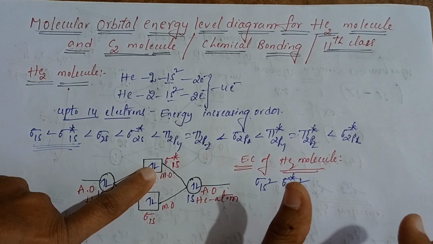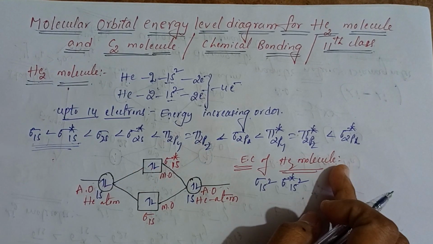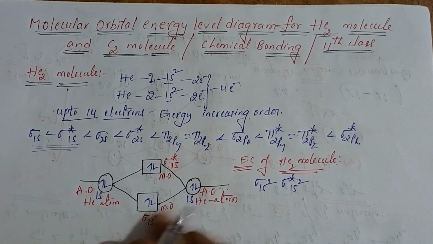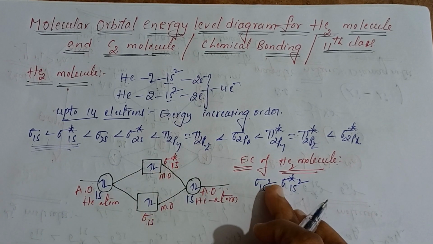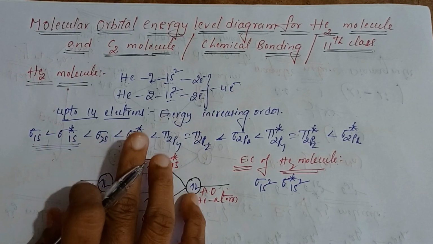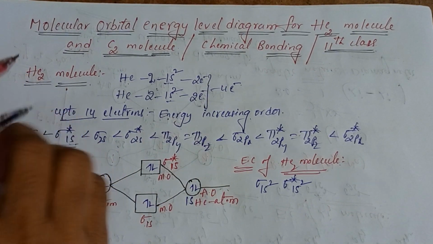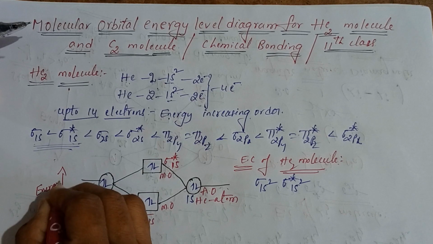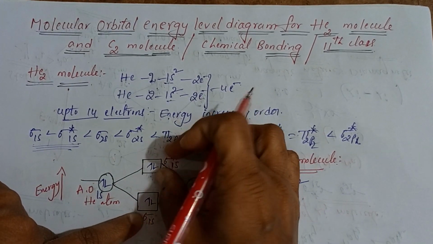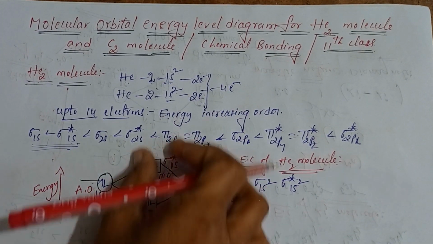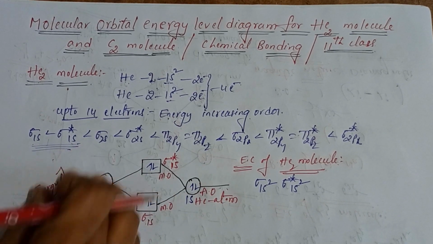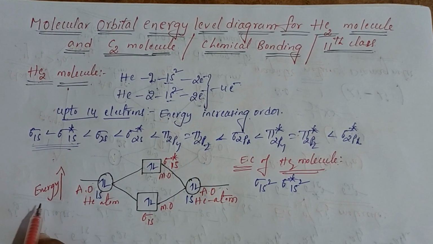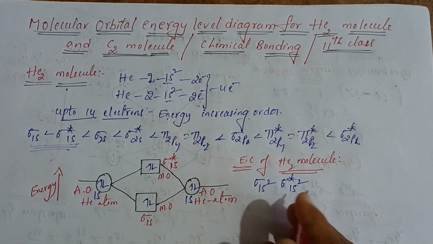This is the electronic configuration of the He2 molecule: sigma 1s2, sigma star 1s2. Here you need not write the less than sign. Are you clear? So the energy increasing order is in this order, that means sigma 1s is less than sigma star 1s, going from down to up. So the energy increasing order is completed.